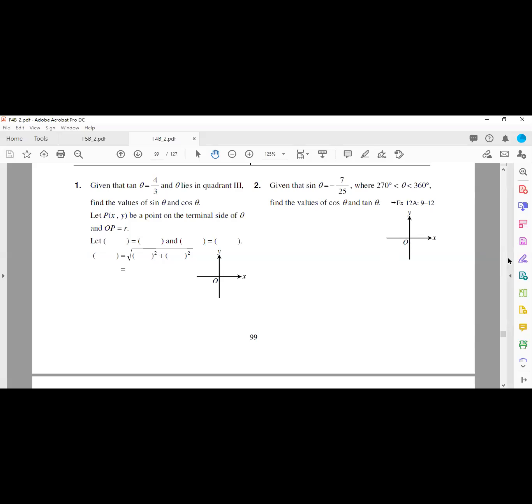And today we are going to do more exercise on this. There will be no new knowledge for today, but we are going to do a lot of exercise to find the sine theta, cosine theta, tangent theta.